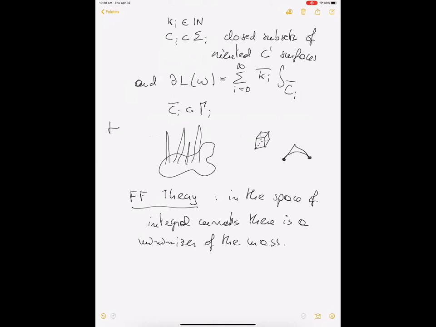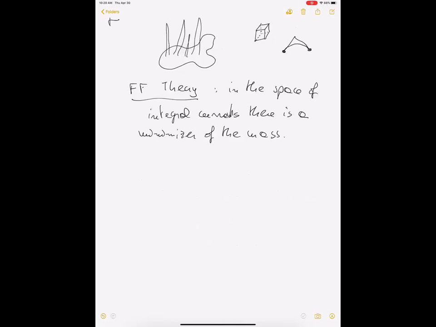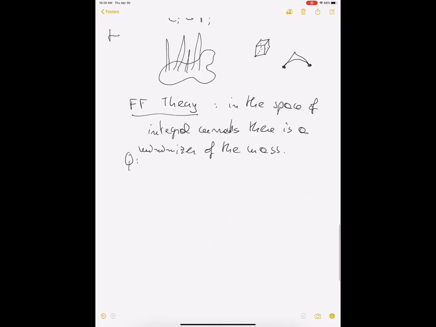This would be like a one-dimensional example in which if I take a curve which is non-smooth, then I can smooth out the corner and get a shorter length between 2 points, which is nice. Okay, so the basic question is, how regular is a minimizer?